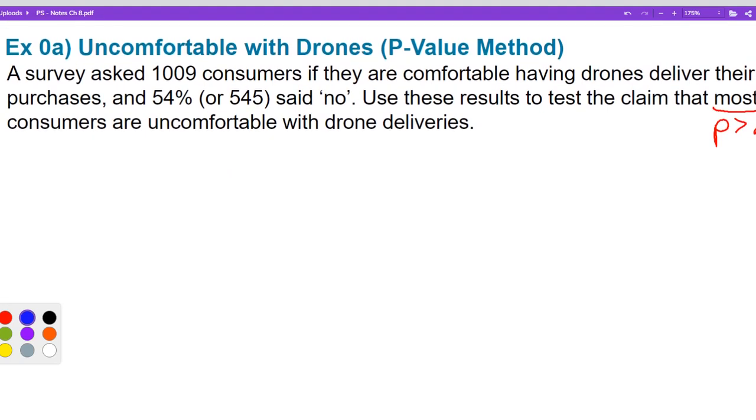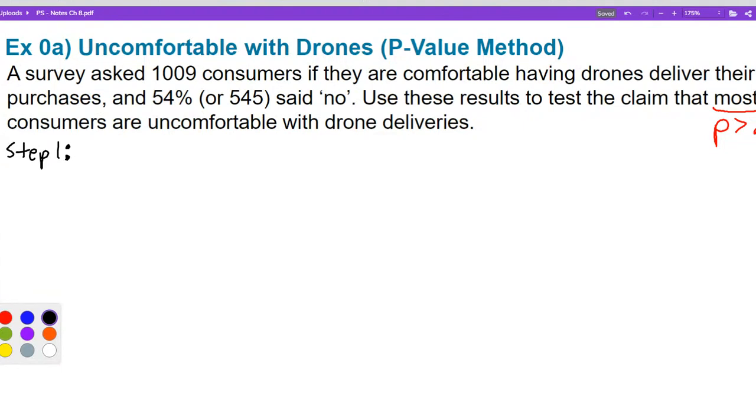So we're using those results to test the claim that most consumers are uncomfortable with drone deliveries. Now, last lesson in 8.1, we did some basics of hypothesis testing, and we went through 8 steps for hypothesis testing. Step 1 was just come up with your original claim.